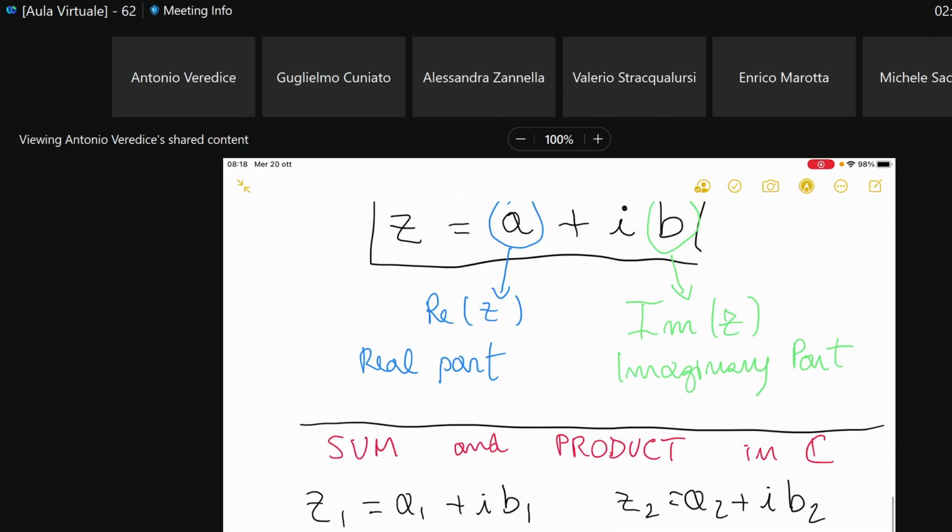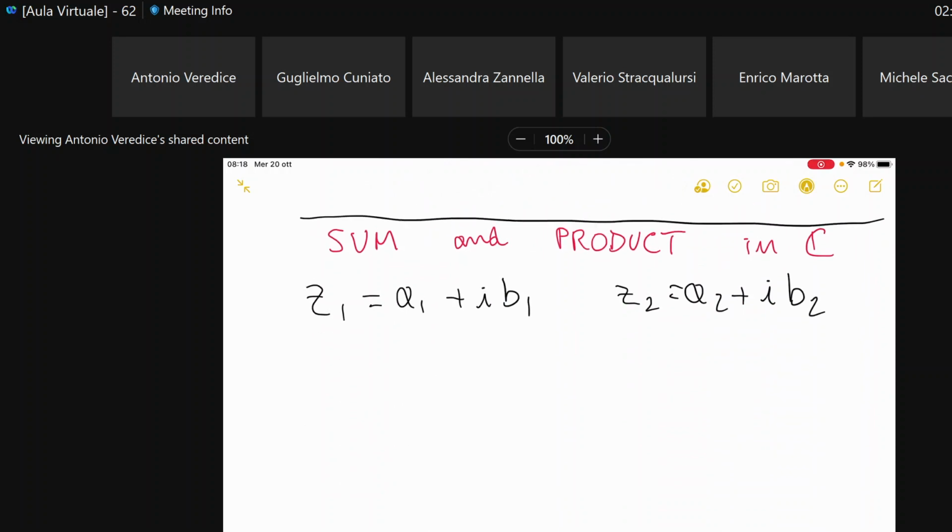You can add these two numbers, getting the sum. It's simply the addition of the two complex numbers, just a matter of algebraic computation, as I told you.